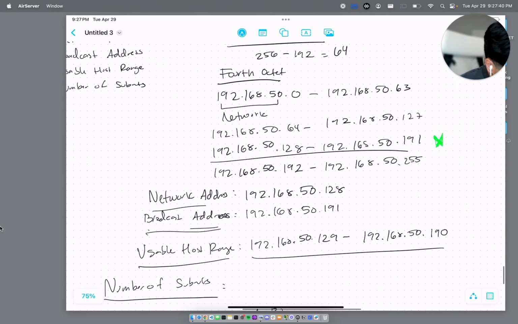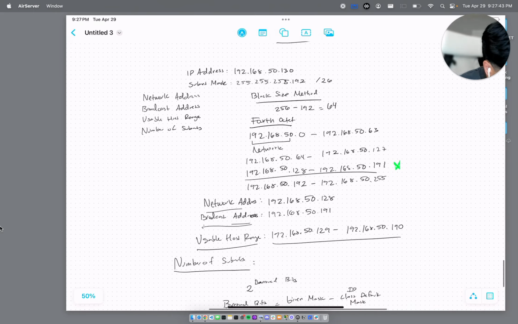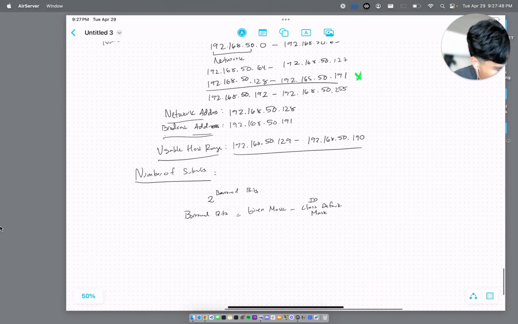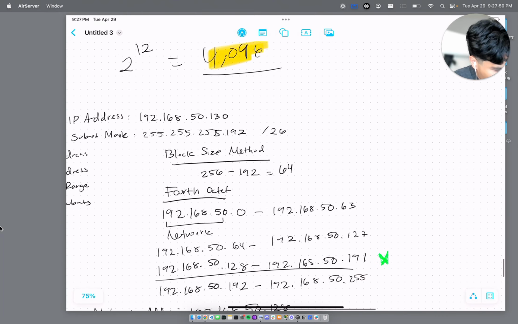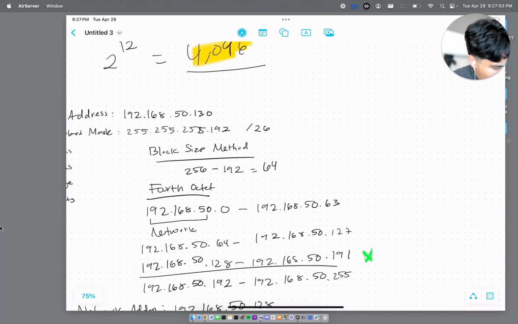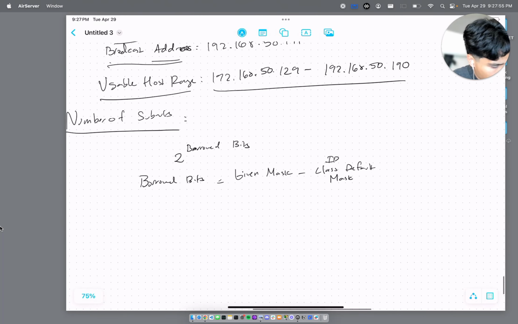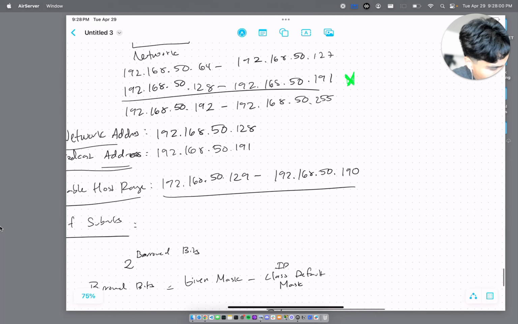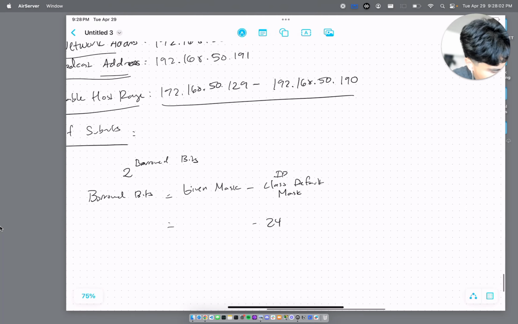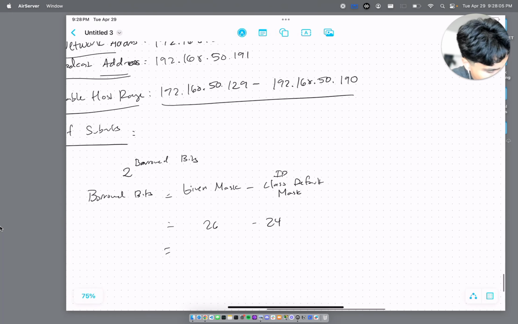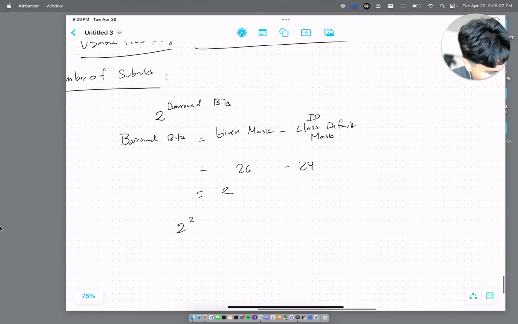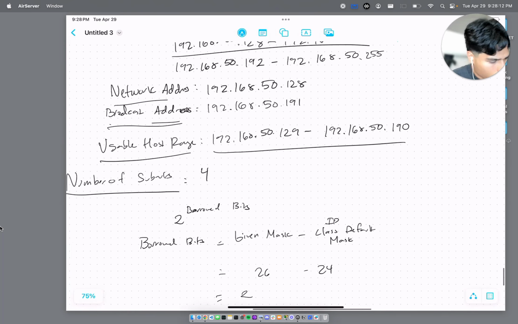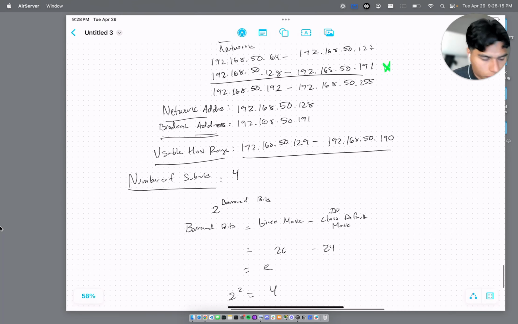And we're working in, this is a class C, I believe. Yeah, this is class C. So this has a 24, and then we have /26. So borrowed bits is 2, and 2 to the power of 2 is 4. So number of subnets, 4 subnets, right? And we're all done.